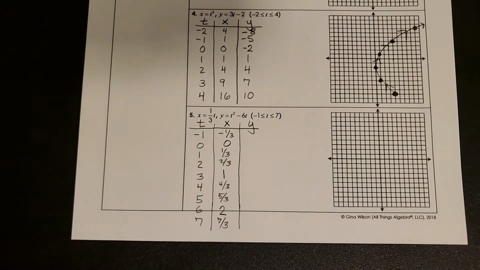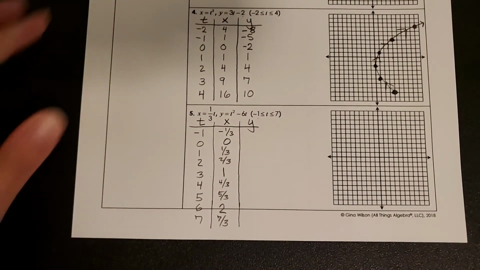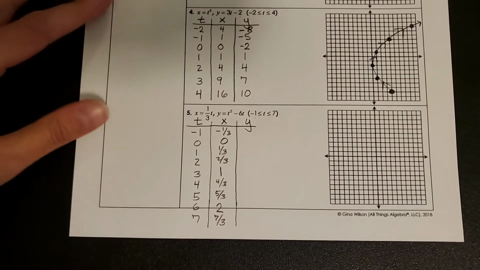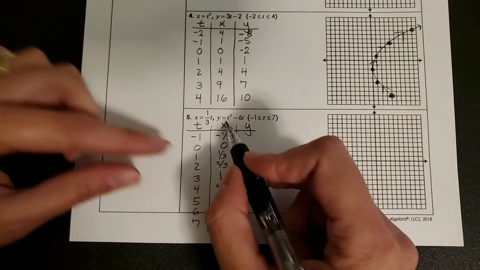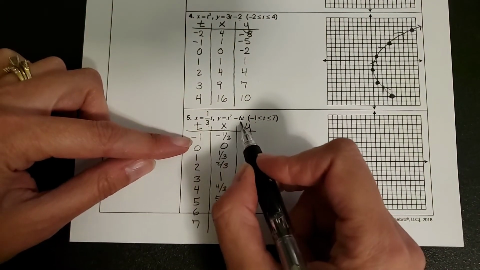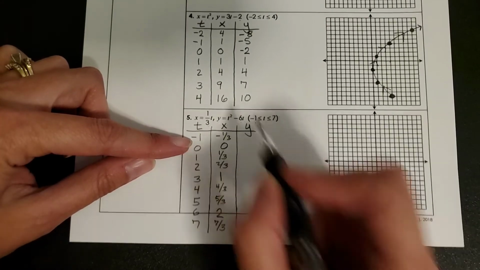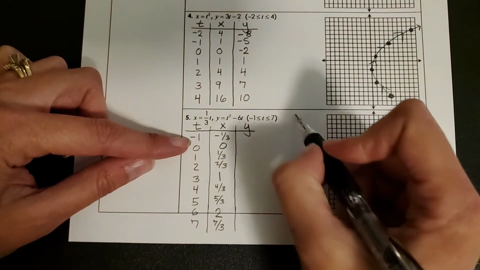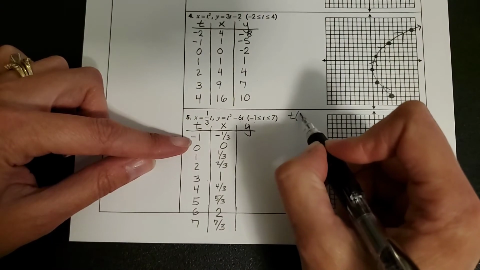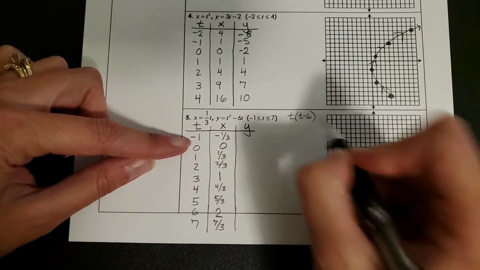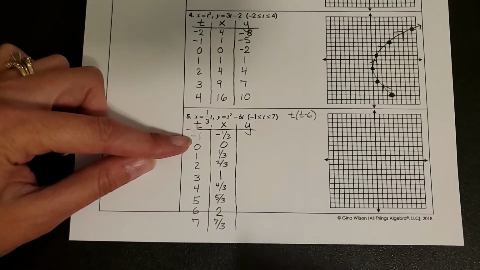You can put decimals in there if you like. I think it's a little bit easier to graph with thirds personally. And I'm going to square and subtract 6 times that value as well. If it's helpful, you could write that as t times t minus 6 if you like that multiplication better.